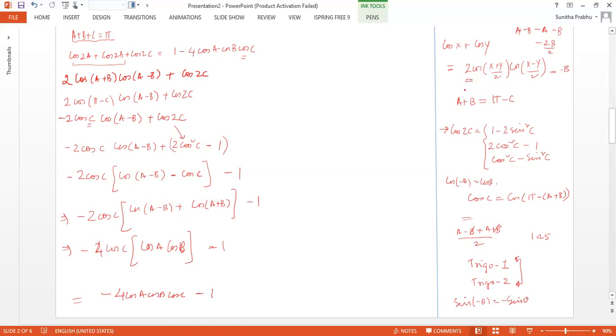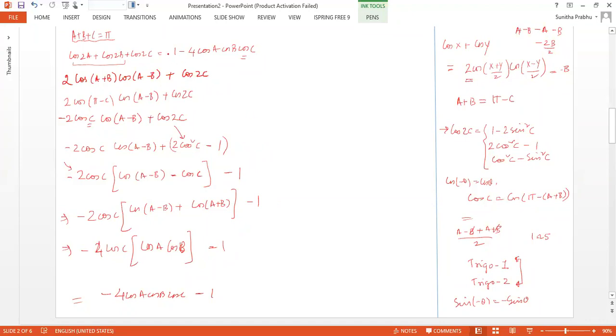Just check if there's some mistake somewhere. In the step where we take the 2 cos C common, it will become 1 minus cos C, right? So 1 will become positive. No, that minus 1 is outside, no? There is nothing common for 1. I think it's correct only, whatever you did. That means here it should be minus 1, no? I can't find the mistake.